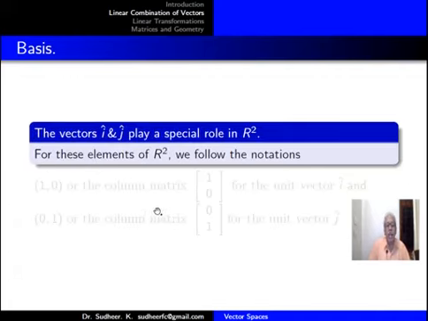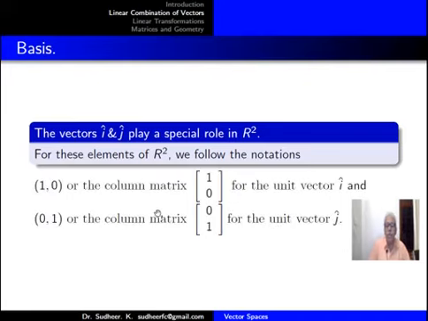The vectors i and j are linearly independent, we have already seen, and they play a special role in R2. For these elements of R2, we can have the notations (1, 0) or the column matrix (1, 0). So that represents the unit vector i, and similarly the ordered pair (0, 1) or the column matrix (0, 1) will represent the unit vector j.